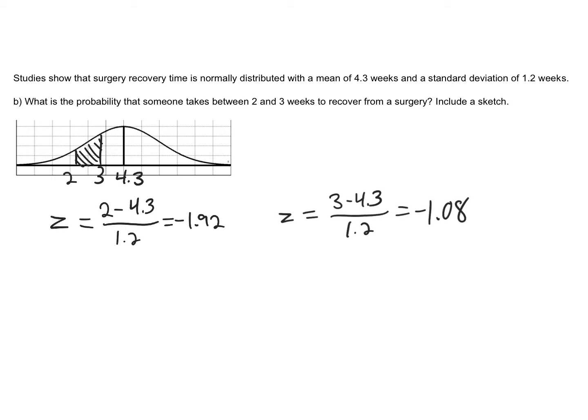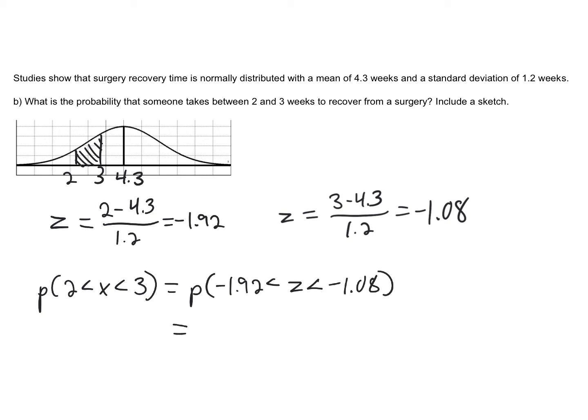So we have a z of negative 1.92 and a z of negative 1.8. So probability of x between 2 and 3 is the probability of z between these two values. We look up the z probability for each, and subtract them.